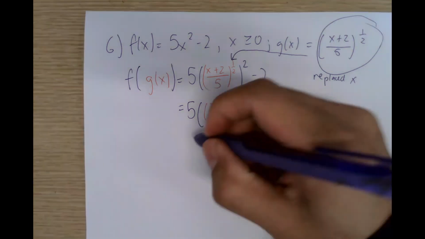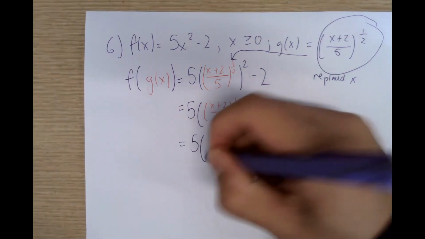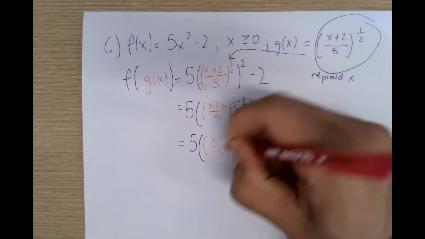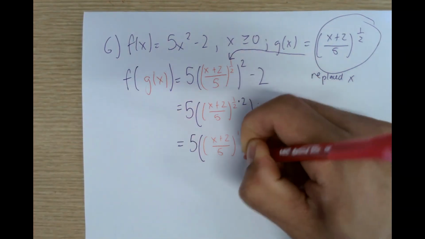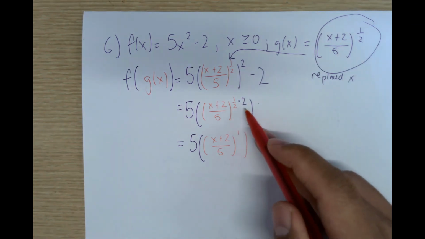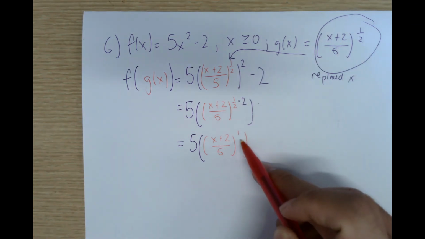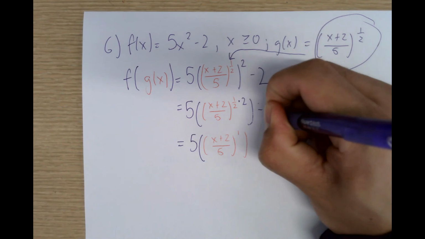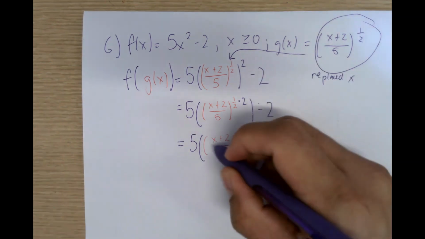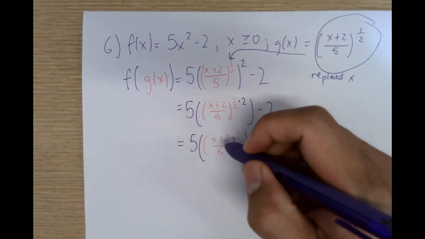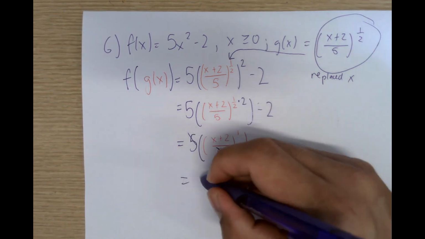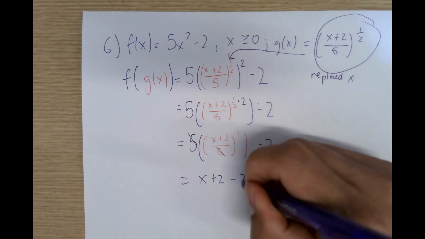So it would be 5 times x plus 2 fifth to the 1 power. Oh wait, sorry, I forgot the minus 2. We can do the 5 times x plus 2, or we can just cancel them out from the top and bottom. That equals x plus 2 minus 2, and that's equal to x.